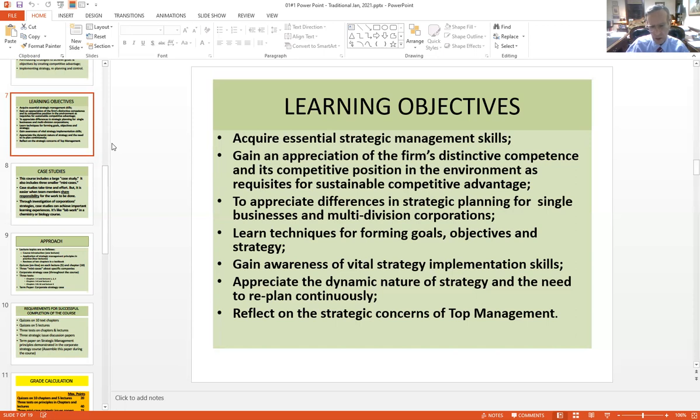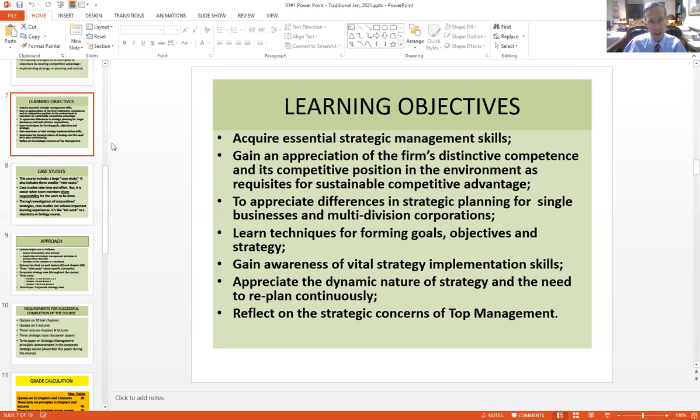Finally, strategic planning and strategic management are all-encompassing. They have to be done. That is, the planning has to be done, and the implementation especially has to be done by members of the firm all throughout the firm.